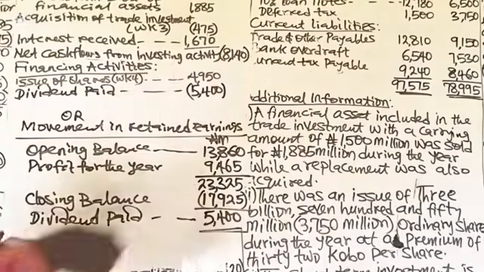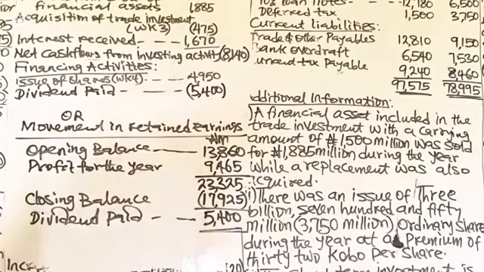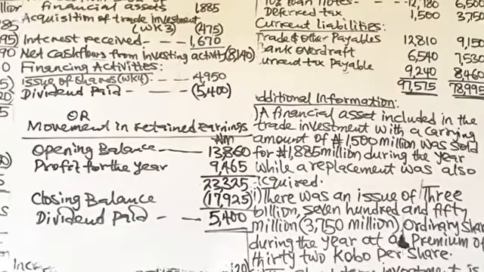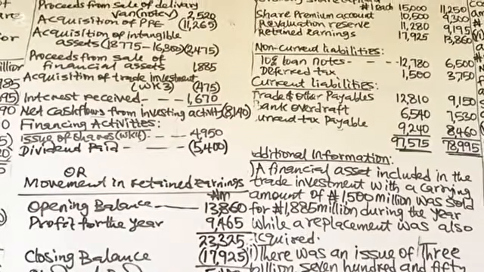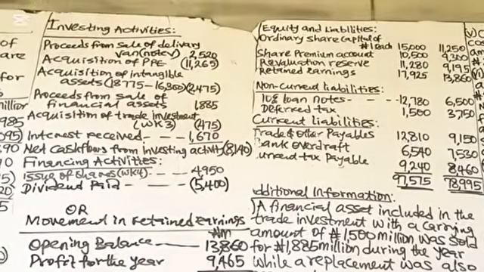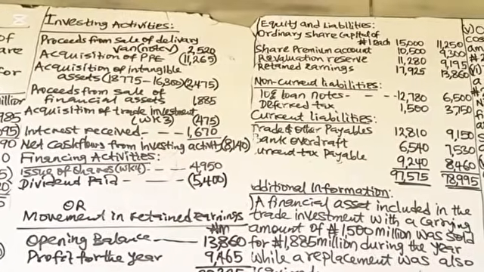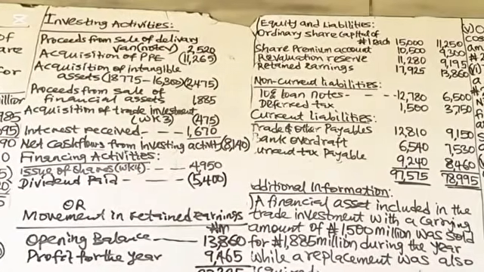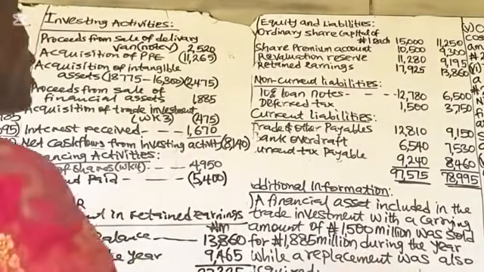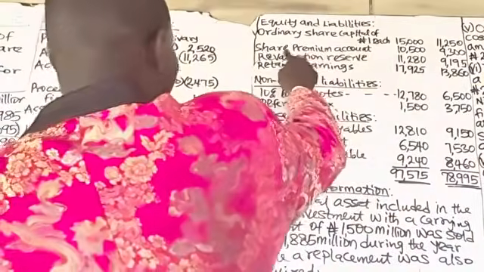In case this is given in the note. In case it is not given in additional information, you have to check the movement in retained earnings in order to ascertain if there is any dividend paid in the year.